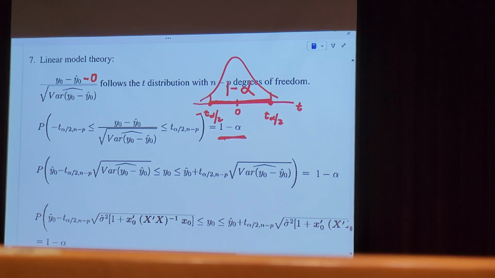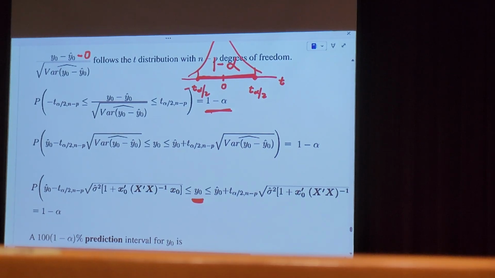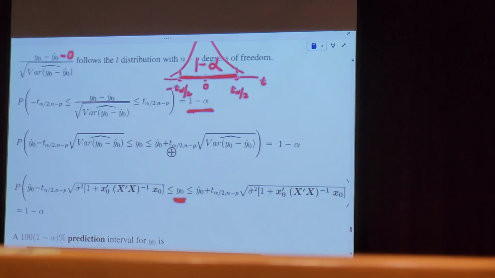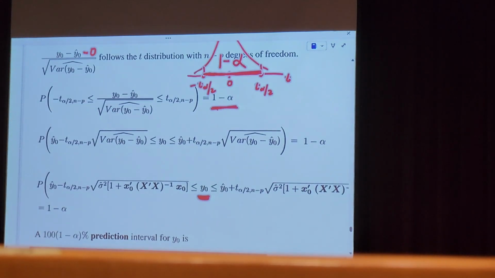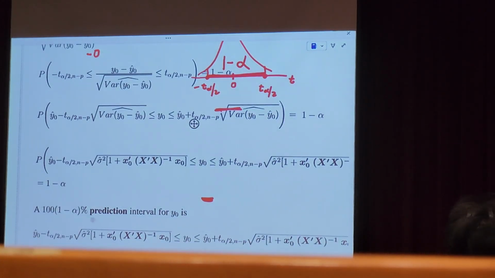So you form an equation first, and then you try to arrange it so that y0 is now in the middle. Remember, the y0 that we are able to trap here is not a constant. It is a random variable. That's why we don't call this a confidence interval. We call it a prediction interval.